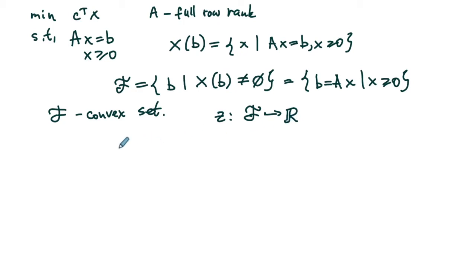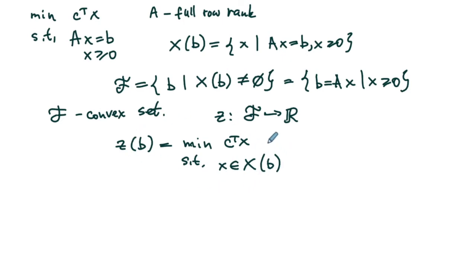So then our z of b is defined as follows. It's equal to the minimum of c transposed x such that x belongs to our feasible set X of b. So this is a function of b, of course, right?